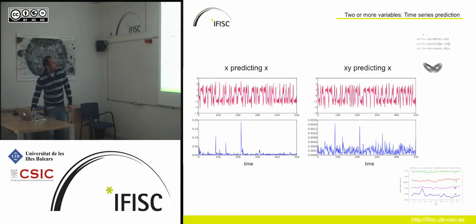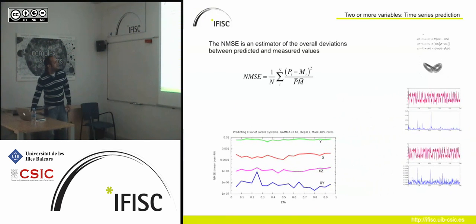For doing this, there is an estimator that considers two time series, the real one and the predicted one. It considers the deviations of the system, and then we can have a number directly, not this kind of dispersion here. This estimator is named normalized mean square error.